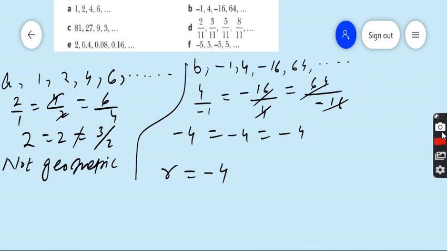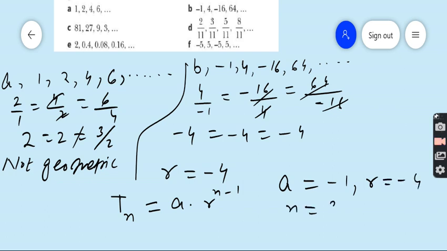Very easy. The formula for finding the eighth term, or any term, is Tn equals a r to the power n minus 1. So here a is the first term, that is minus 1, r we have found, that is minus 4, n is 8 because we have to find the eighth term.